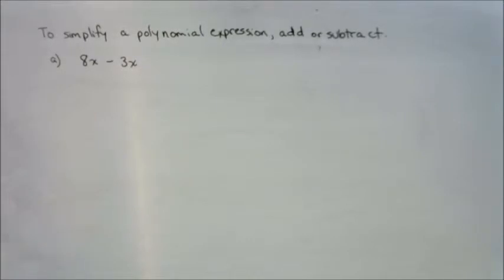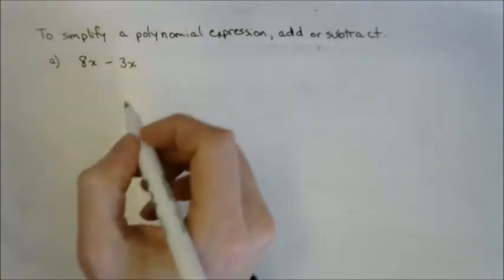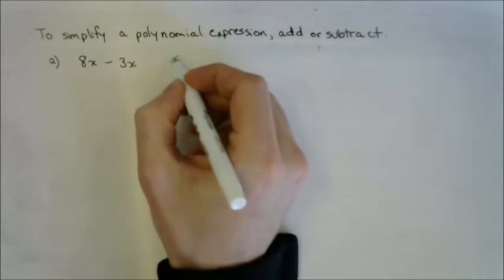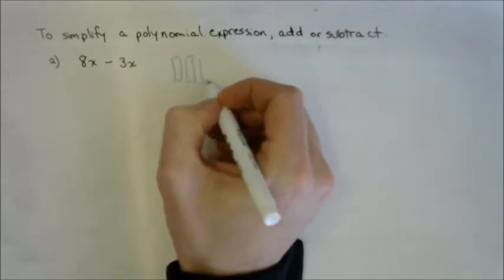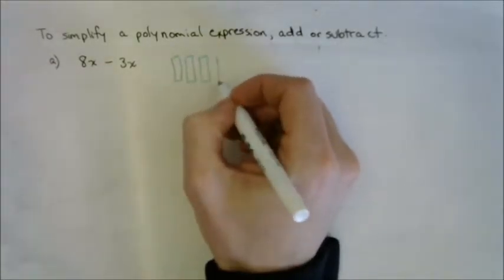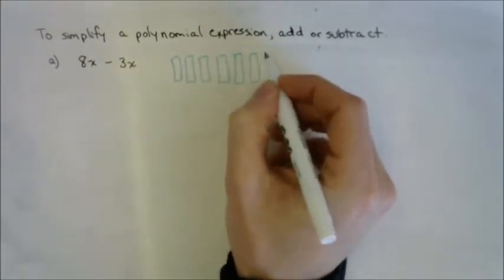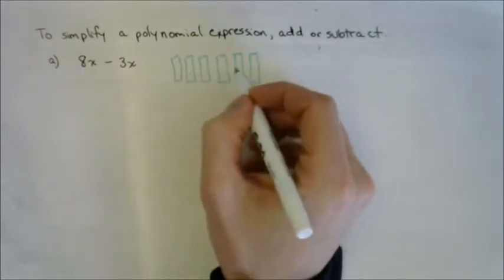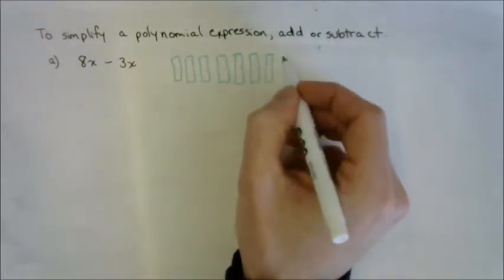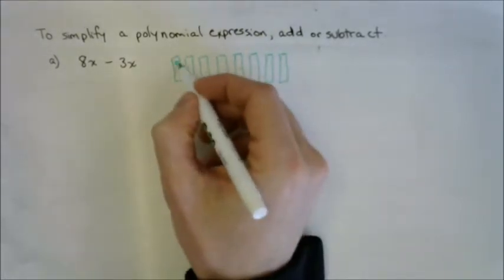So we can represent our 8 x's. 1, 2, 3, 4, 5, 6, 7, 8. So we got 8 x's here.